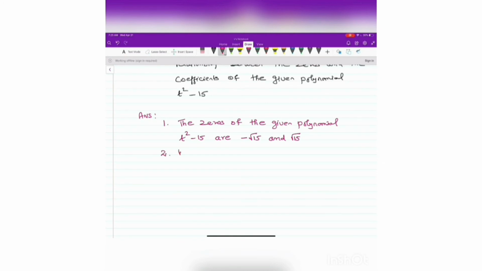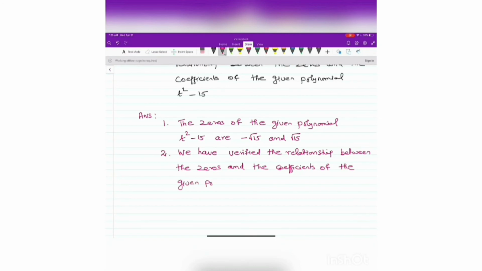The second answer, we have verified the relationship between the zeros and the coefficients of the given polynomial t square minus 15. This is how you will be concluding your final answer.